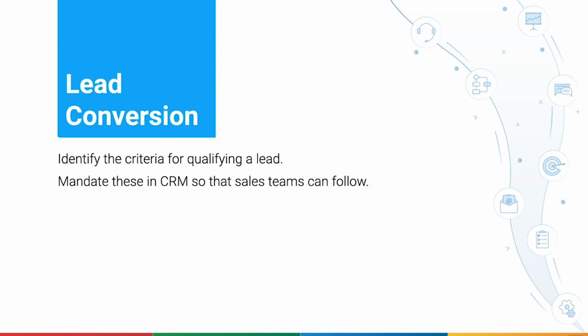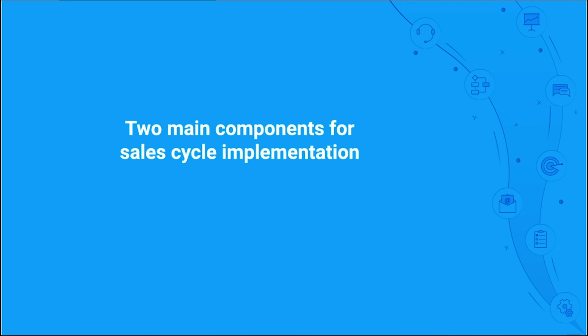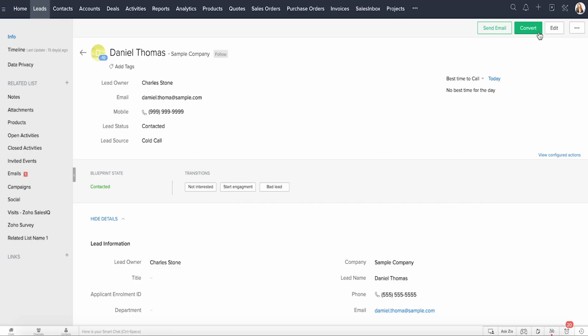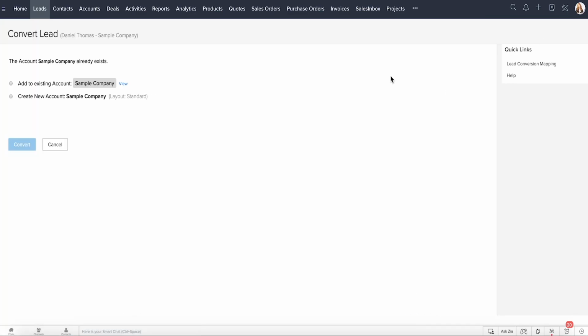From here, there are two main components that primarily cover the sales cycle implementation: lead conversion mapping, and deal stage customization and stage probability mapping. As seen before, the initial information collected for a lead can be distributed to a contact, account, and deal. Zoho CRM comes with a pre-built lead conversion process where a qualified lead can be converted.